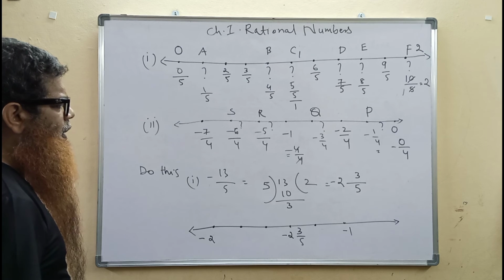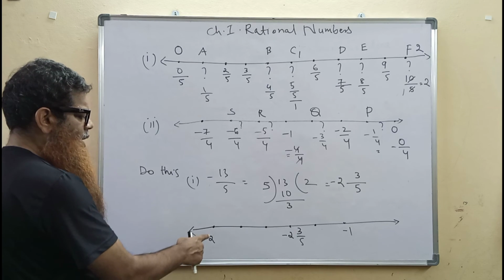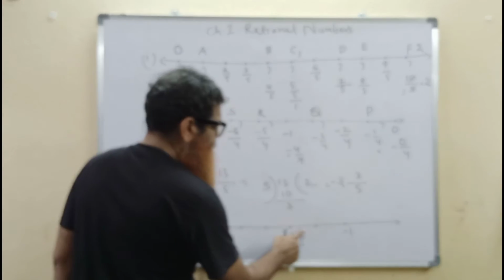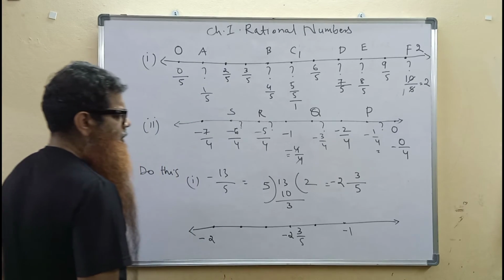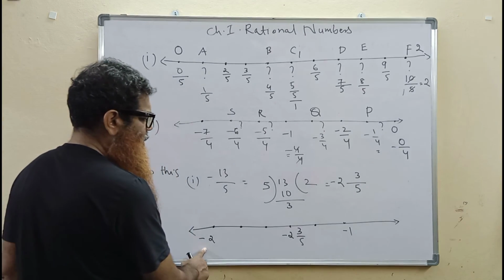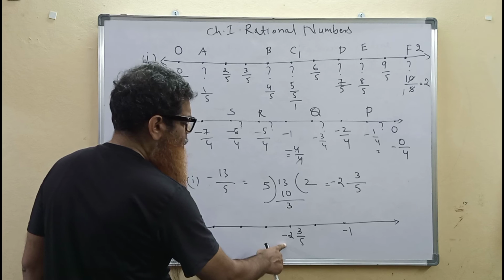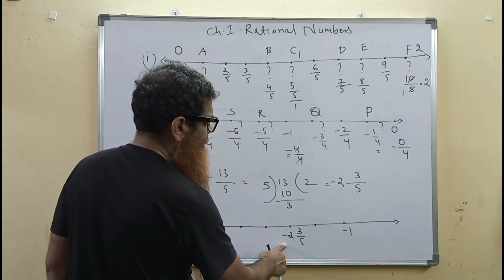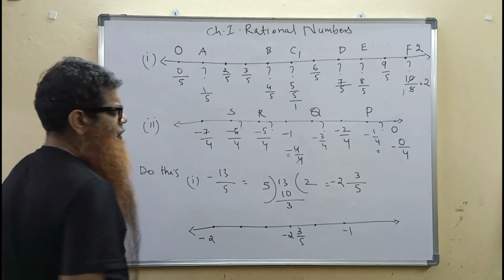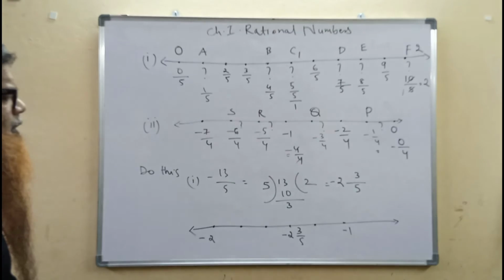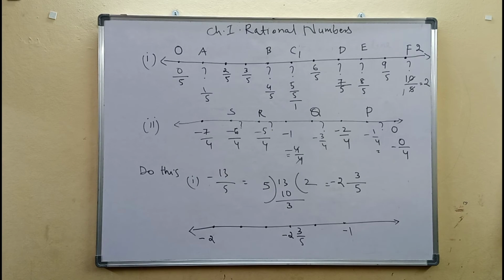The number line is marked with 1, 2, 3, 4 and 5 points beginning from minus 2. Then we have the third point, minus 2 3 by 5, marked on the number line, which we were to find out. It's marked on the number line. If you have noted down, we'll go ahead, children.